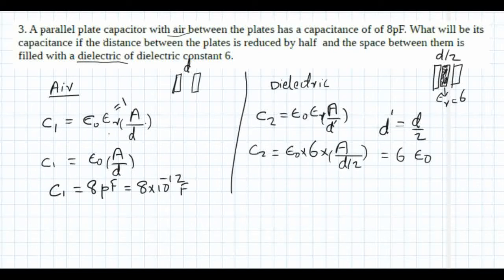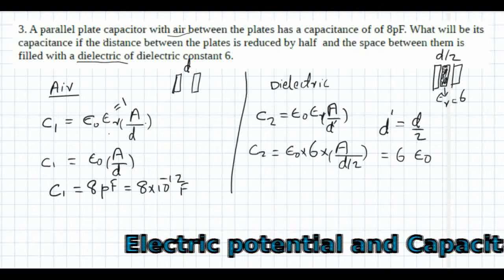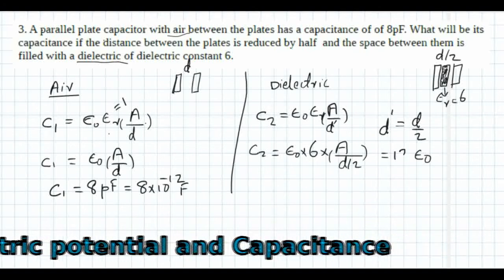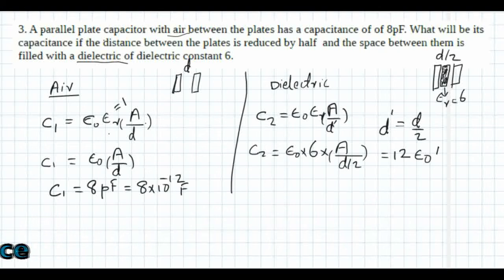So 2 into 6 is equal to what? 12. So this will become 12 ultimately. So 12 into epsilon 0 into A by D, right? So this is the new equation.